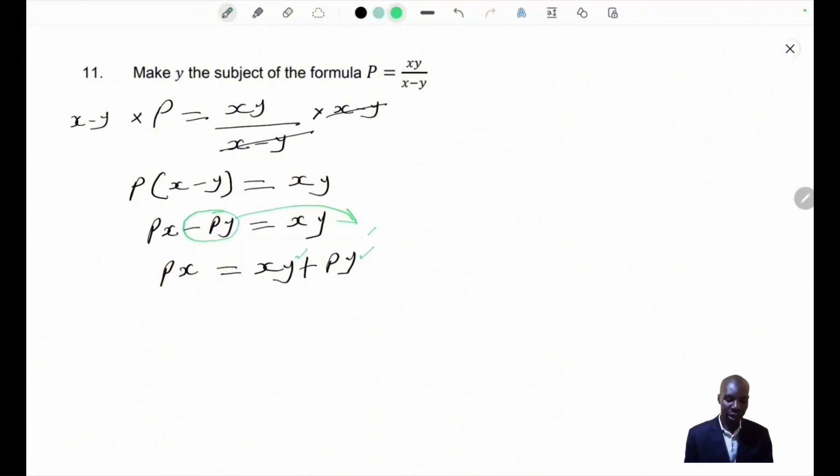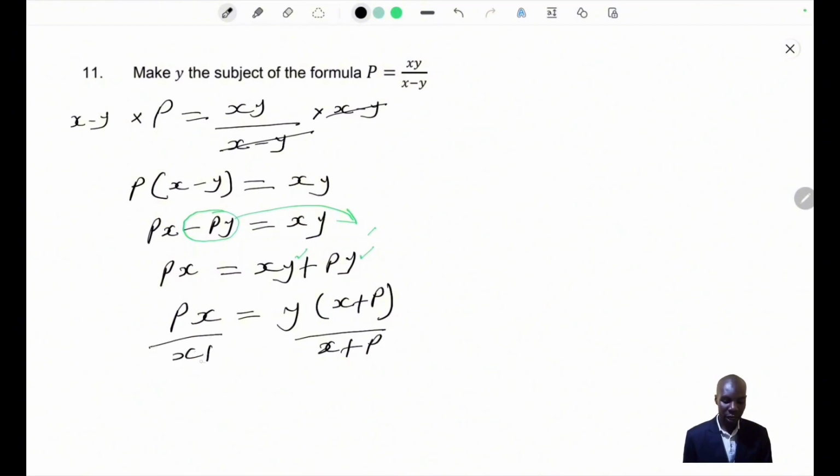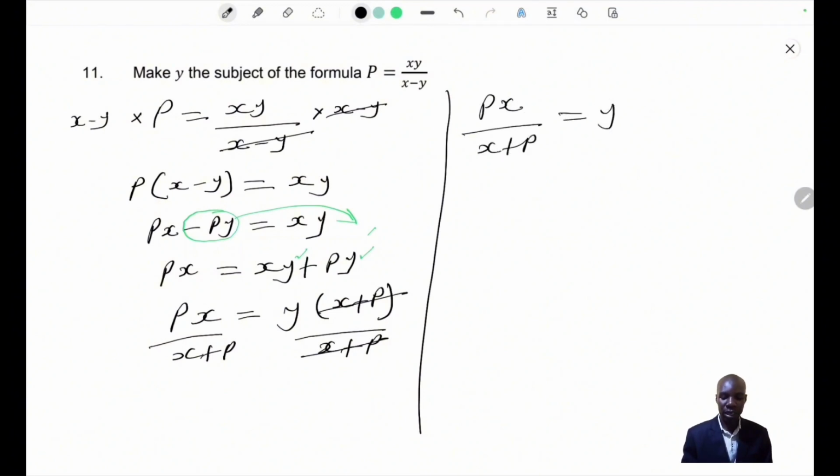So we'll have px given by y in bracket x plus p. Then we can divide both sides by x plus p. This one will cancel out. Then we'll be left with px over x plus p equals y. So y is equal to px over x plus p. And that is the answer.